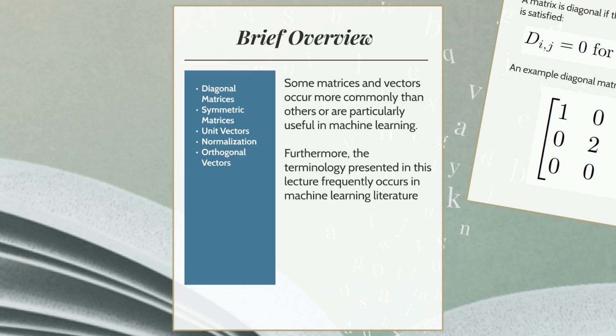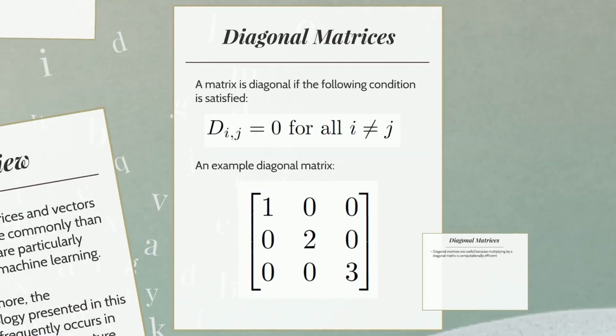All right, so let's start with diagonal matrices. A matrix is diagonal if the following condition is met: d of i,j equals 0 when i is not equal to j. So we have a quick example of a diagonal matrix here down below. All this is a matrix where all the entries are 0 except along the main diagonal.